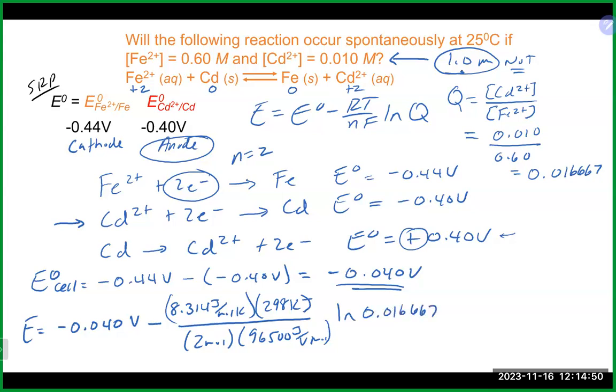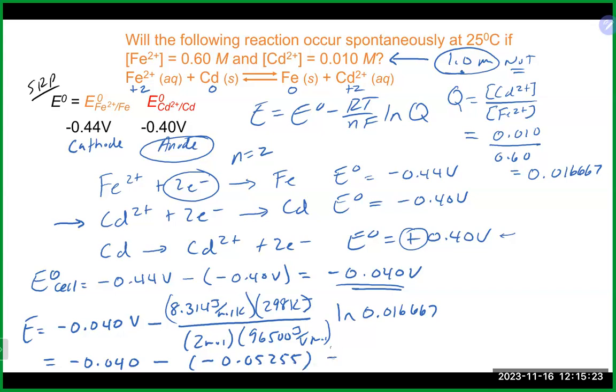0.016667. All right, so cleaning up everything on the right there, I'm going to start with the natural log of that number. I'm then going to multiply it by 8.314 and multiply it by 298. I'm then going to divide it by 2 and divide it by 96,500. And that's going to give me minus 0.040 minus 0.05255-ish as well.